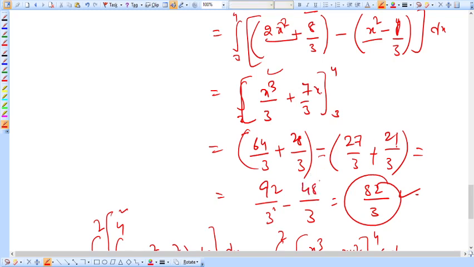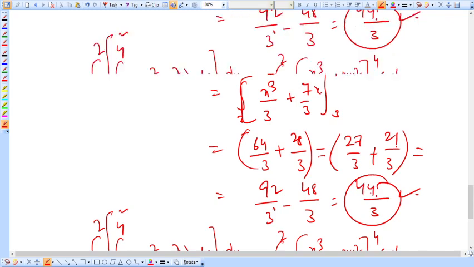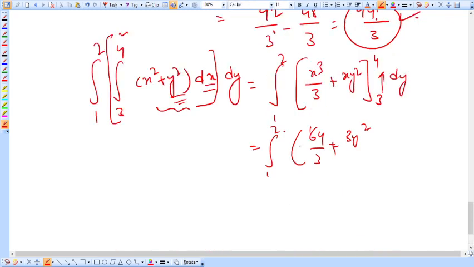So 92 minus 48 is 44, so 44 by 3, right? Let us calculate the other side now. 64 by 3 plus 3y square. Now it should be 4y square.